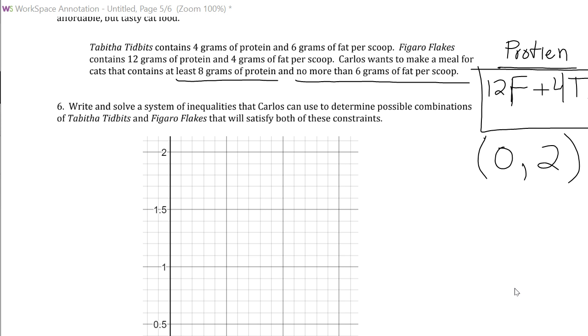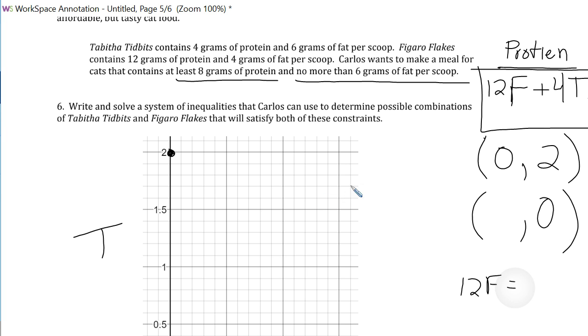Okay, back at it. So again, this is our F-axis. This is our t-axis, and we start at the point 0, 2. I had to make my units bigger. Now let's put in a 0 for t. You get 12f equals 8.